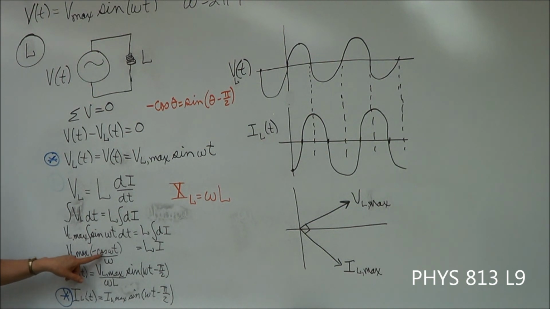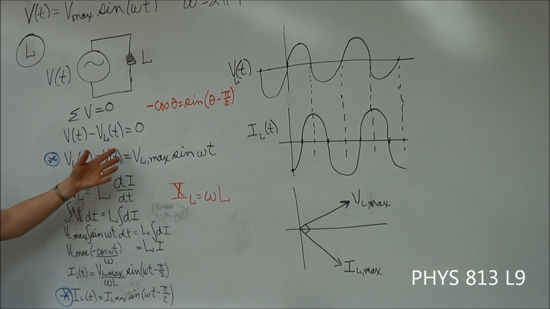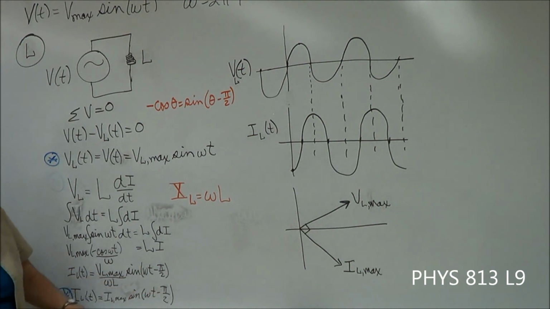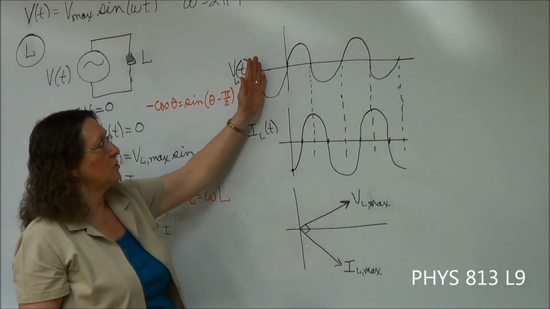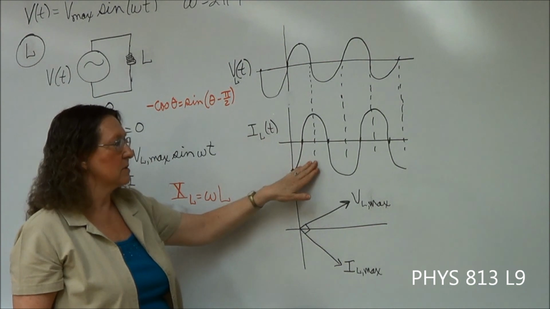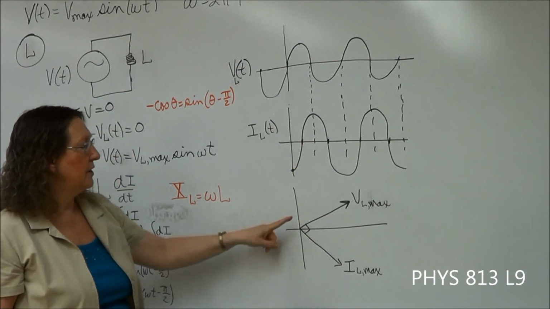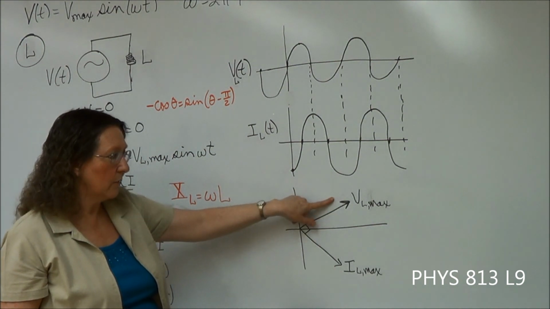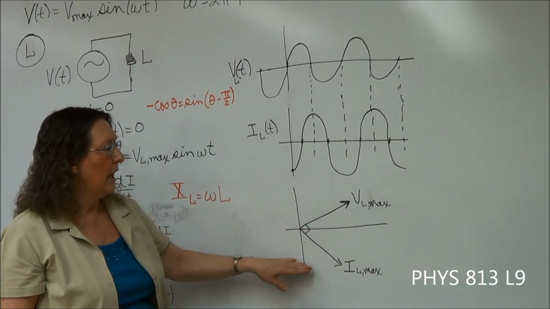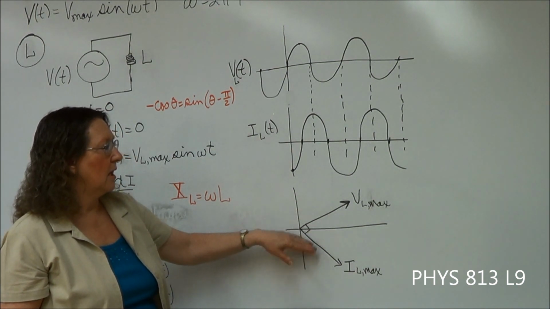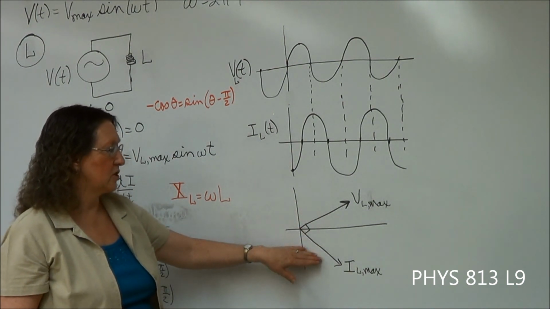After we did our integration and got back to a sine term, we ended up with sine of omega t minus pi over 2. And that means that we needed to shift our voltage graph 90 degrees to the right, so we end up with this. Then we draw our phasor diagram, so we have voltage in the first quadrant as we have had before, and then we have the current vector 90 degrees from it in the proper direction, so it's down here.